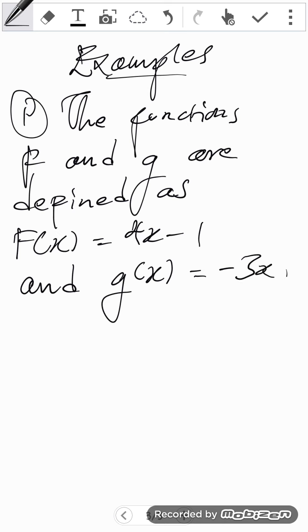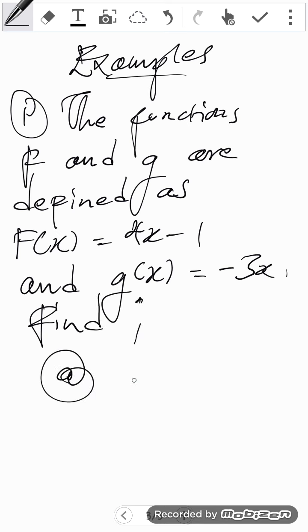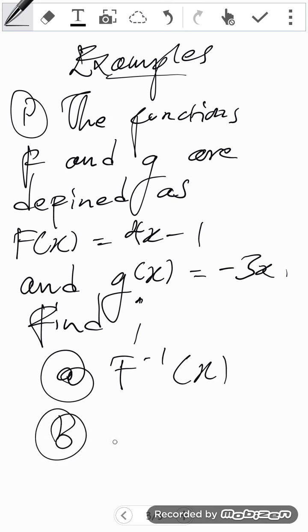Alright, so forgive my handwriting. I'm trying as best as I can to write neatly. Alright, they might say find, let's say, f inverse of x. Then b, they might say find g inverse of x.